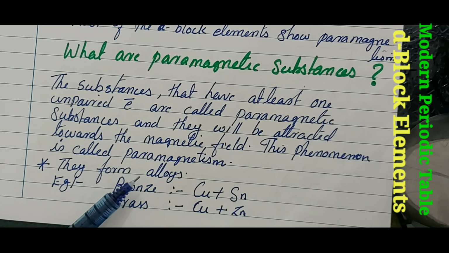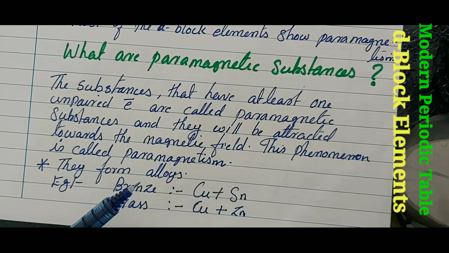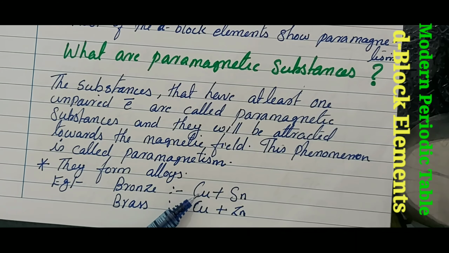The next point, they form alloys. What are alloys? Alloys are solid-solid solutions, meaning the solute as well as the solvent are in solid state. So here you can see two very important alloys I have mentioned. One is bronze, the other one is brass. Bronze is an alloy of copper and tin.